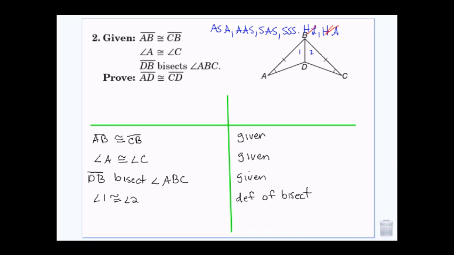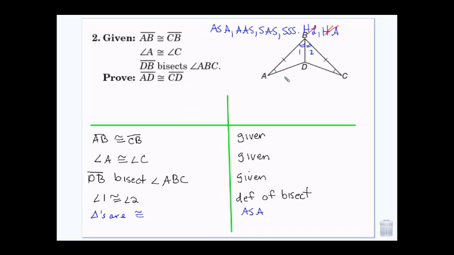So that tells me this, and then what situation do I have? Well, I've got an angle, and I've got a side. So you're an ASA? Yes, so I can say that the triangles are congruent from angle, angle, side, angle. Now, it doesn't want us to prove that the triangles are congruent, does it?